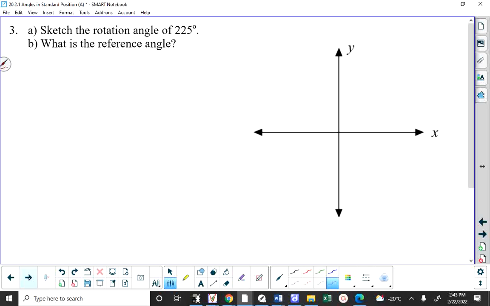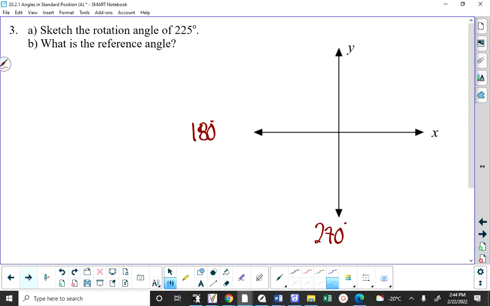The first thing I note is that 225 degrees is between 180 degrees and 270 degrees, so it's in quadrant 3. The next thing I would do, personally, is I would take 225 minus 180 in my head or on the calculator to find out how much past 180 I have to go before I stop.